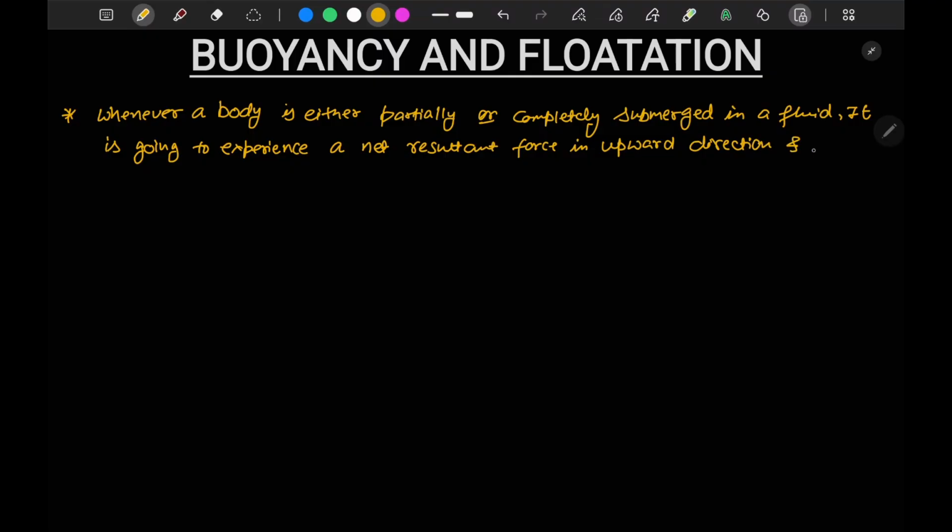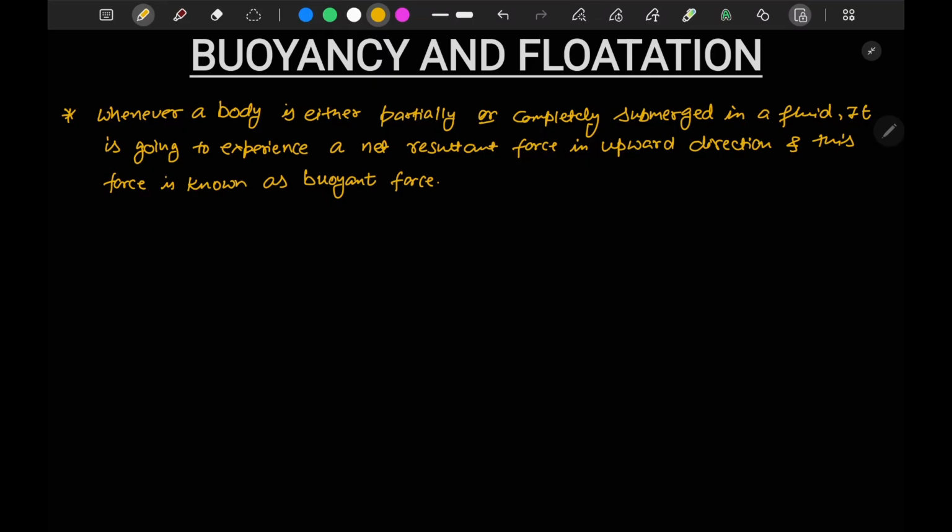Okay, and this force is known as buoyancy force, or we also call it buoyant force.